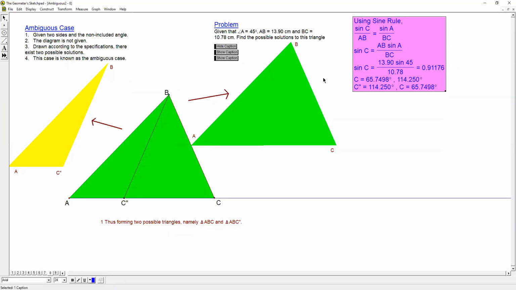Like what I taught you last year, you have to match two pairs of side and angle. In this case, with the sine rule, you have to find the angle, so you put the angle at the top and the length at the bottom. You match the two pairs. One pair is both known: angle A and the side BC, 45 degrees and 10.78 cm.